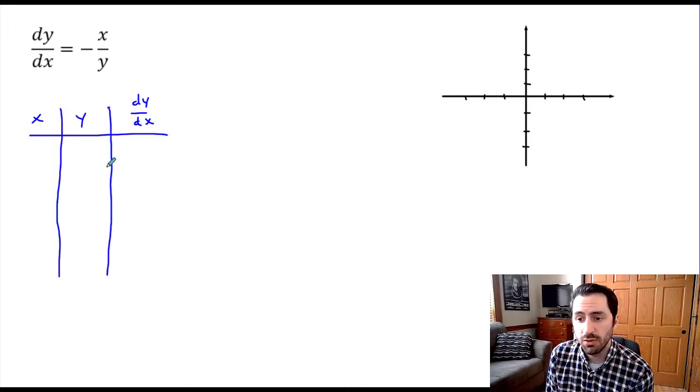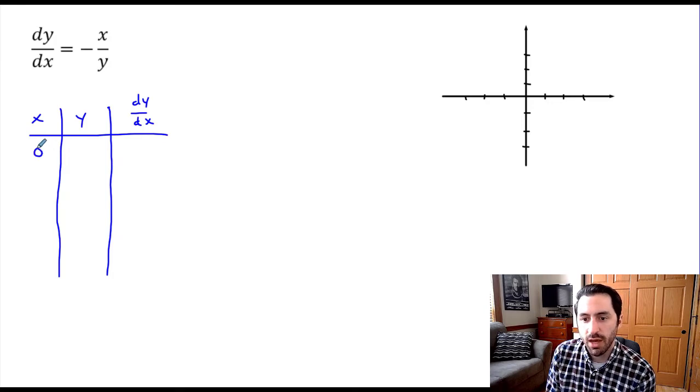Now I don't have to do this for all of these points because what we're going to notice is there are going to be some certain patterns. So for example, if x is 0, so that means I'm going to be along the y-axis, it doesn't matter what y is because 0 divided by any of these y values, I'm going to end up with 0.